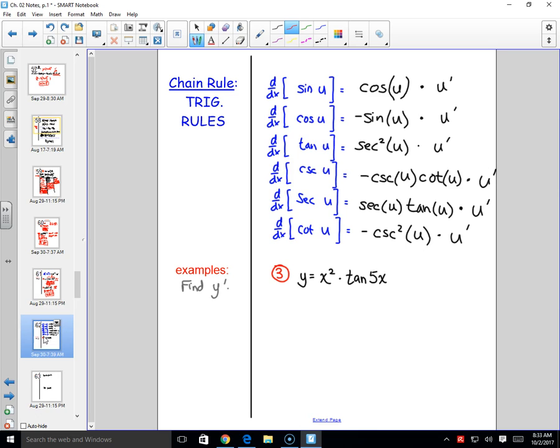Because a chain rule could be inside a product rule. A chain rule could be inside a quotient. It could be just one step to a whole process. And it is rough unless we can simplify with u notation things like tangent of 5x and just make it tangent of u.